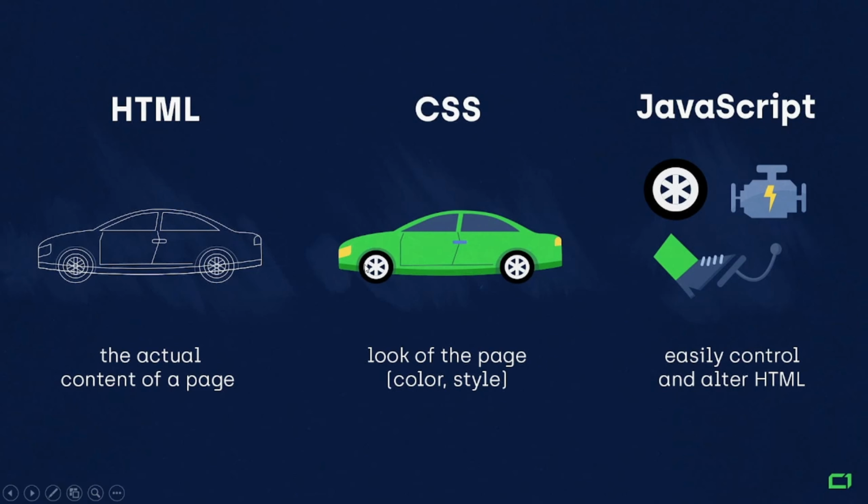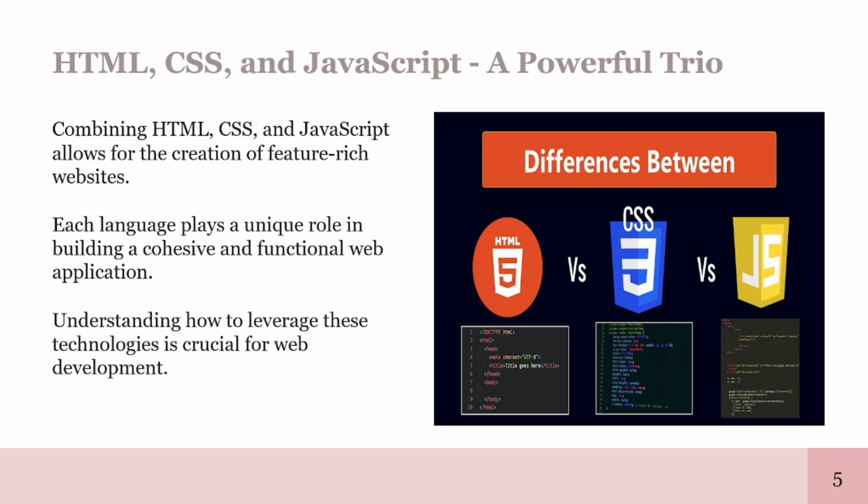Here you can see this is only the structure, and there it shows the design or color. And at the end, when we come to the engine, brakes, or tires of our car, that is JavaScript, which controls how it should brake or how it should go, or controls the engine. So guys, HTML, CSS, and JavaScript, the powerful trio, allow for the creation of feature-rich websites.